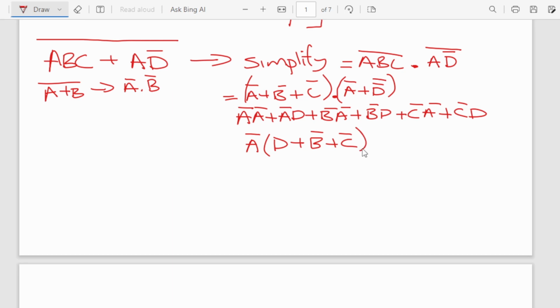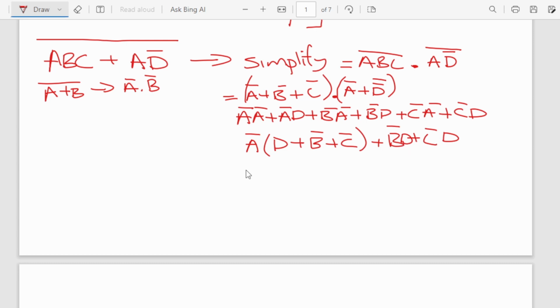All right, now we have these two terms here, B D, B bar D, plus C bar D. Right, so if we decide to factor out, we can also factor out D from here.